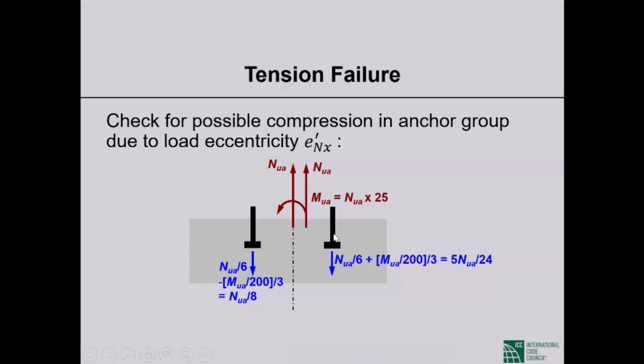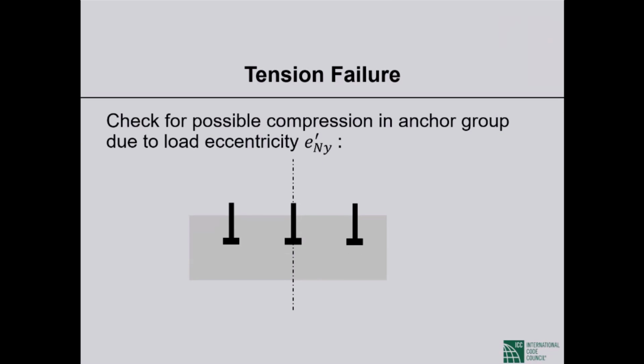So each anchor on this side will be subject to a tension that is 1/6 of N sub UA, and this gives you 1/24 of N sub UA. 5/24 of the applied tension. And each of those anchors gets 1/8 of the applied tension. Okay, this is pretty simple stuff. I don't know that I need to dwell on it.